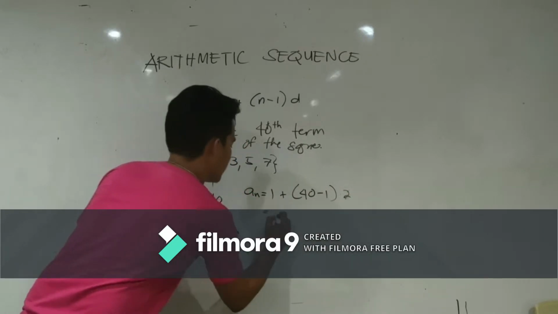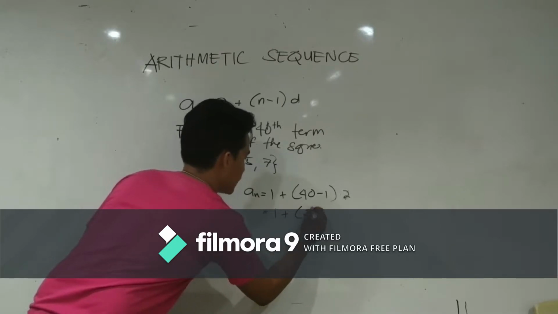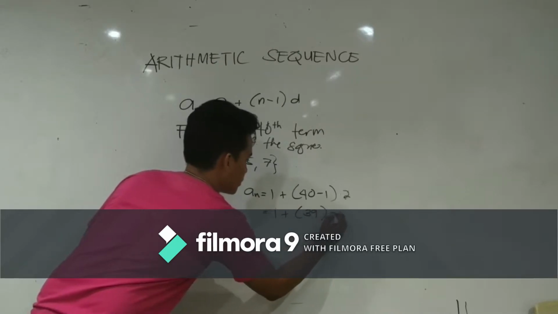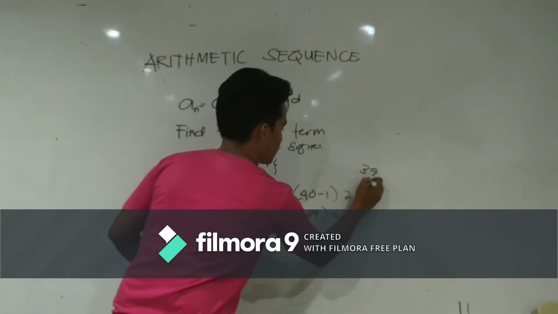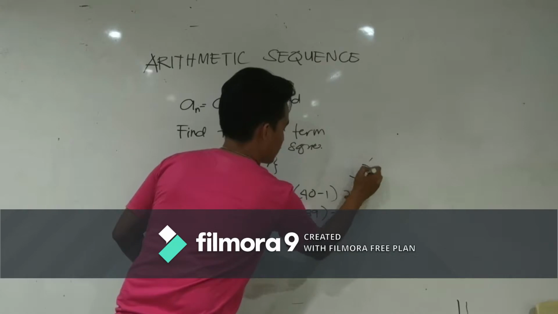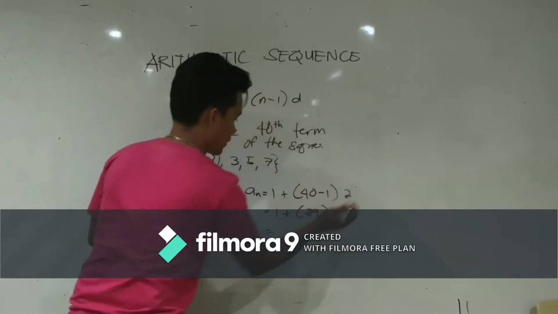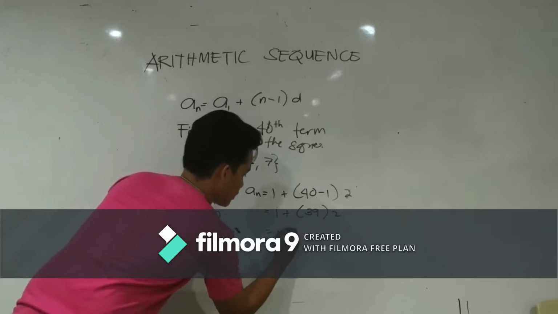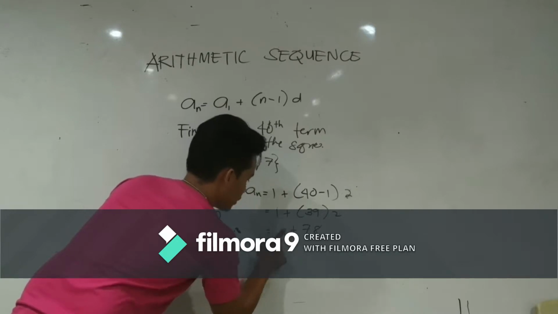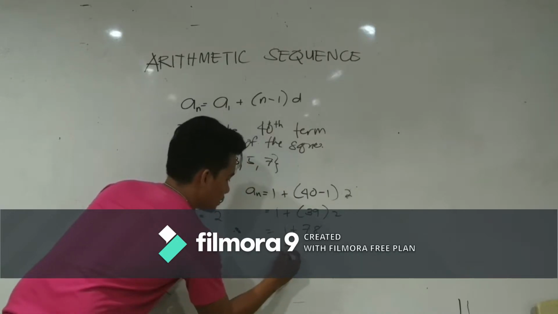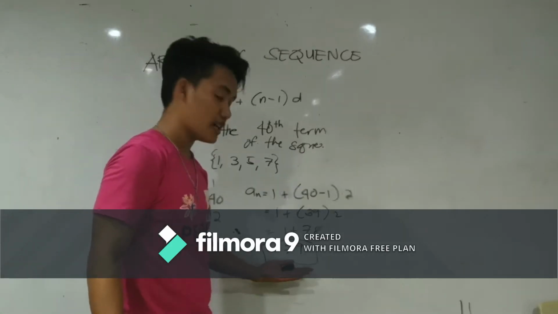So we have 1 plus 39, which is 40 minus 1, times 2. And then 39 times 2 is 78. So 1 plus 78 is 79. So the 40th term is 79.